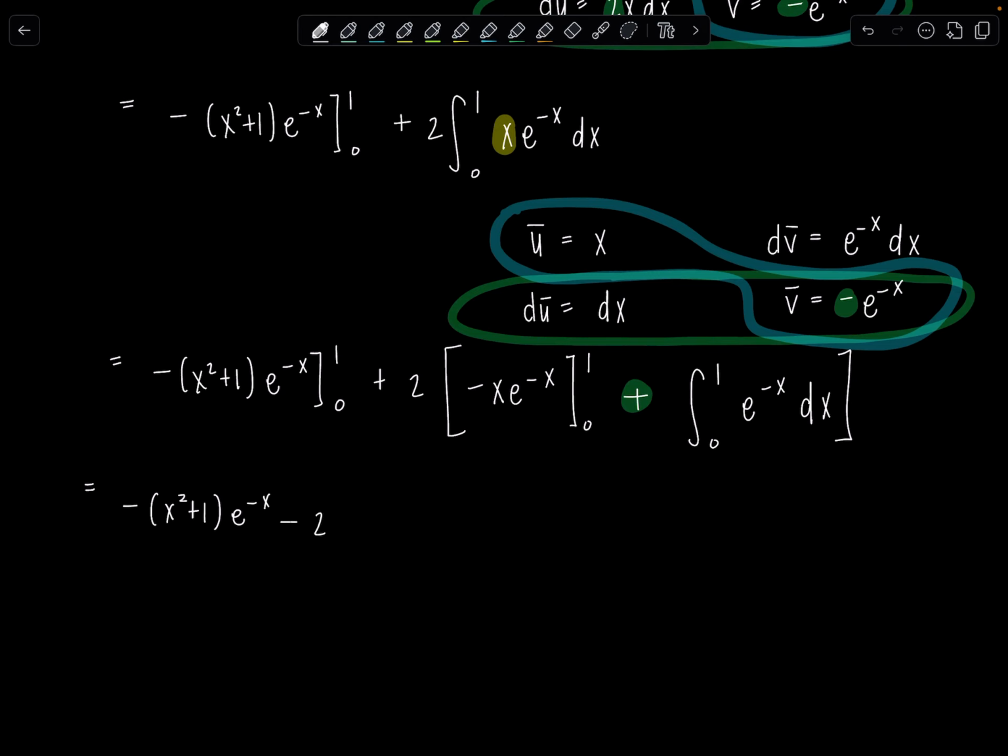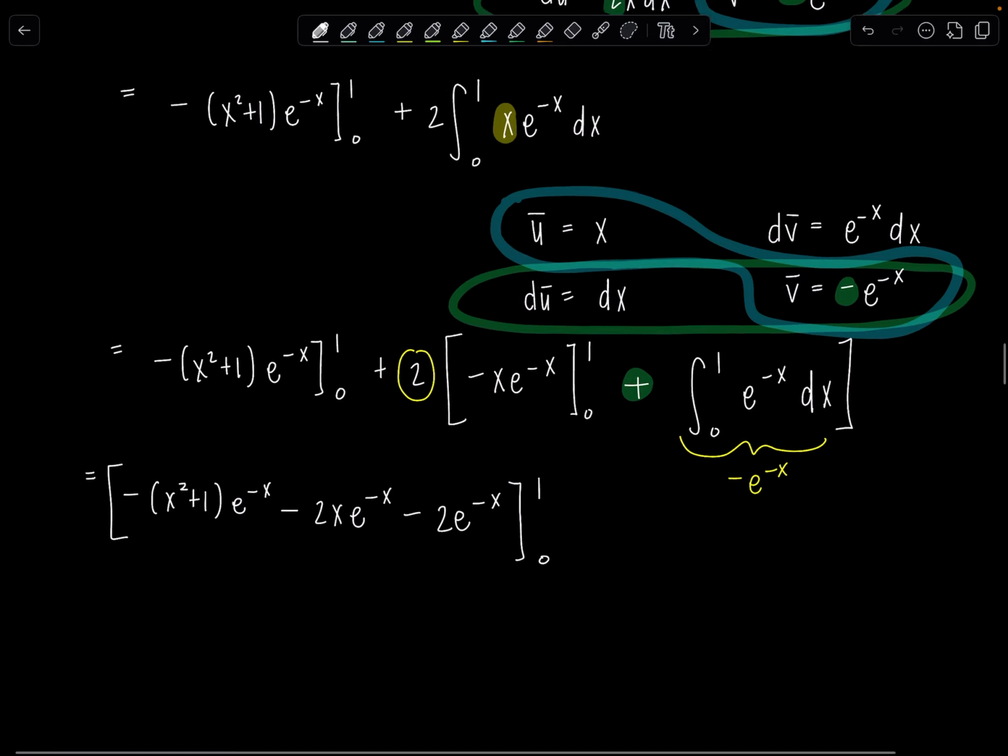Minus 2x e to the negative x. This antiderivative is going to be negative e to the negative x, but then I'm multiplying by 2. So I'm going to have minus 2 e to the negative x, and now this whole mess gets evaluated from 0 to 1.